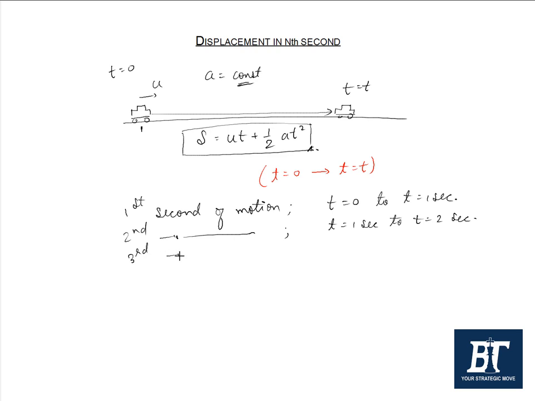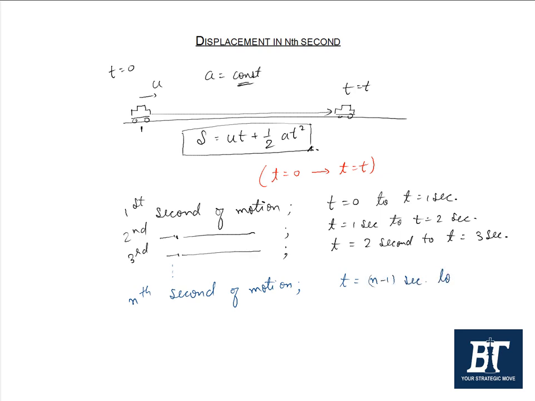Third second of motion is defined as the interval of time from t is equal to 2 seconds to t is equal to 3 seconds. So nth second of motion will be a time interval from t is equal to n minus 1 seconds to t is equal to n seconds.